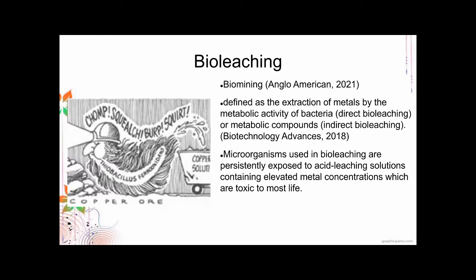So your microorganisms here must have high resistance to acid. Examples used in bioleaching are Leptospirillum ferrooxidans and Thiobacillus thiooxidans. In our image, Thiobacillus ferrooxidans is used to extract copper from low-grade ores.